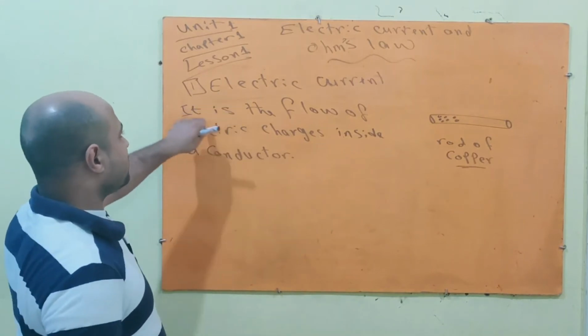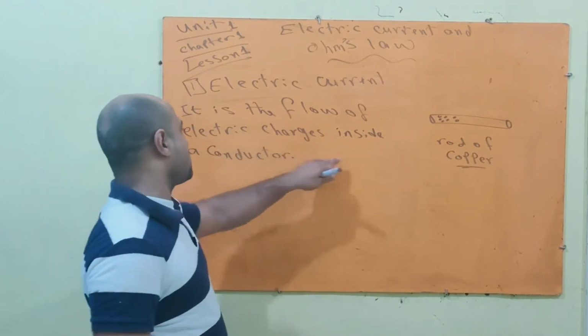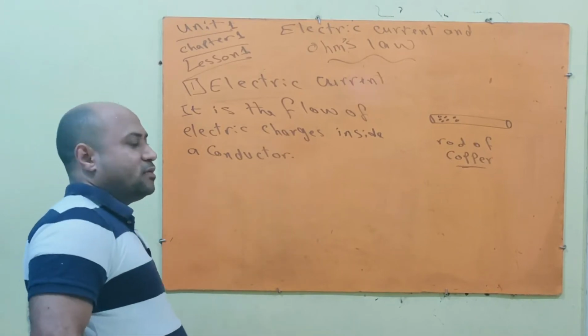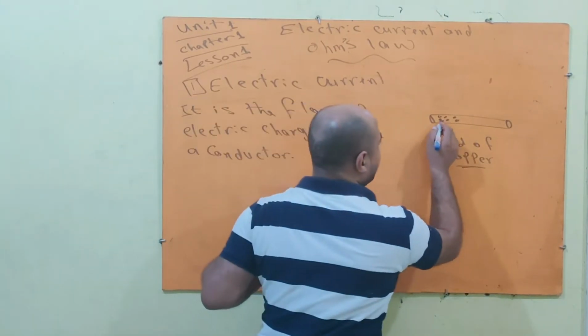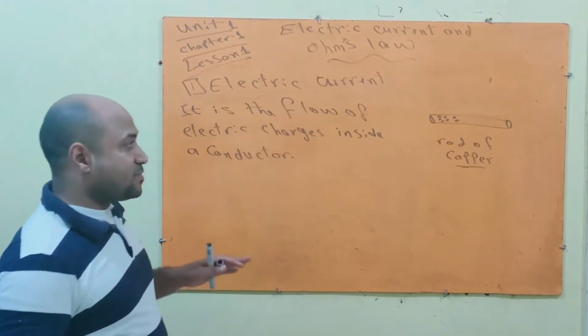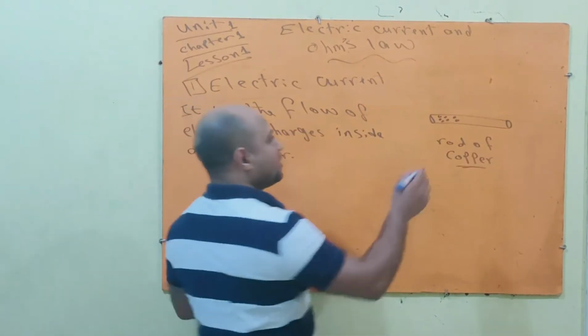This is called electric current. So we have electrons that move from one atom to another, and that is responsible for the production of electric current.